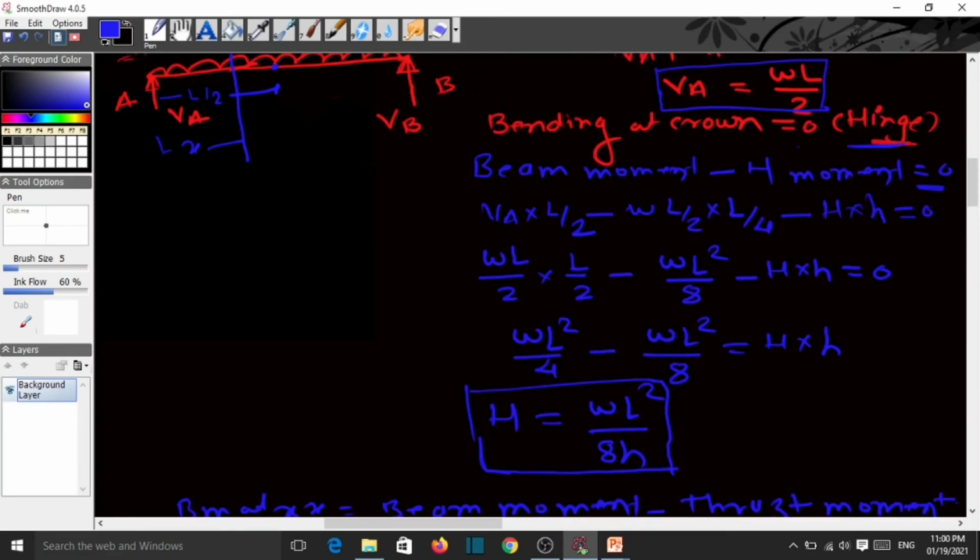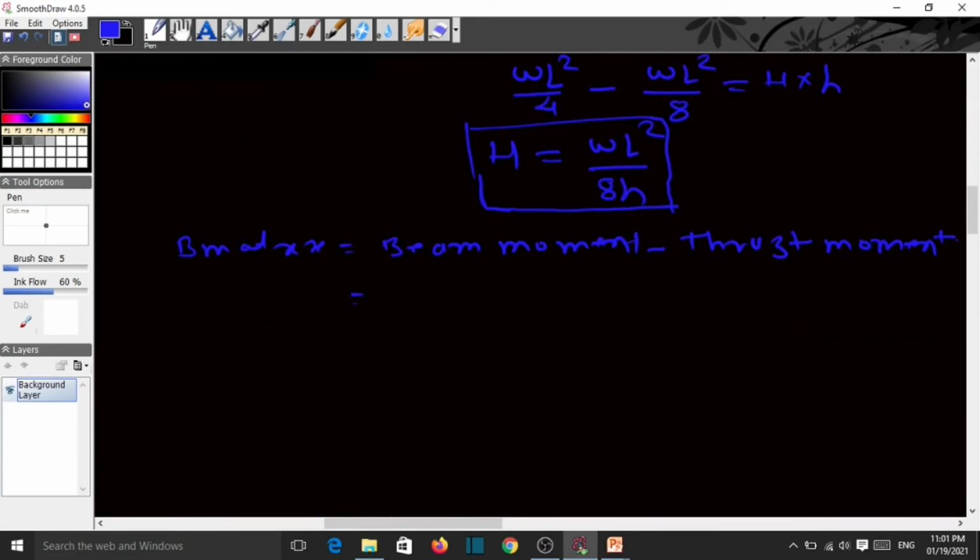Here it is VA into x, because our section is at distance x, and minus W into x into x by 2. So we can say VA into x minus Wx square by 2. This is the beam moment. Then minus H into y.